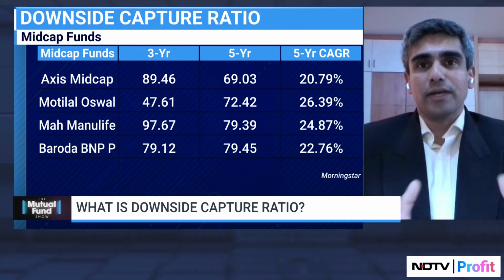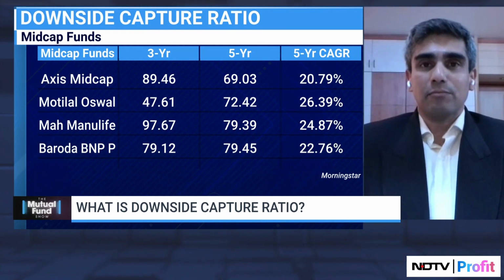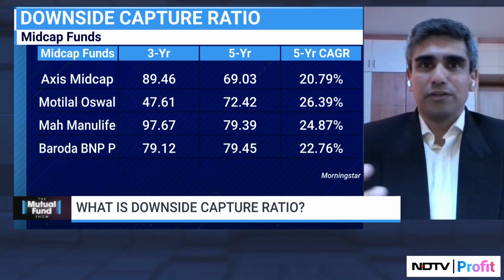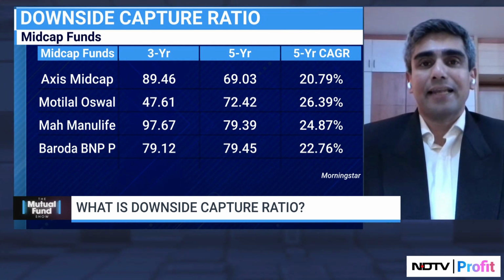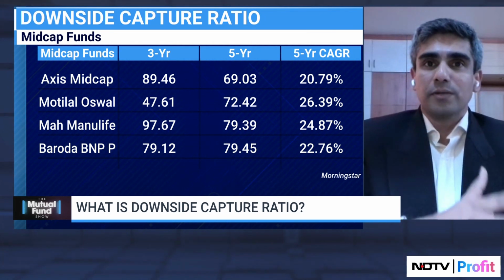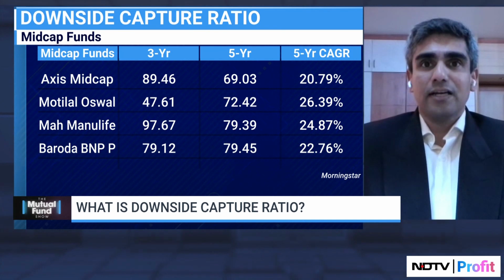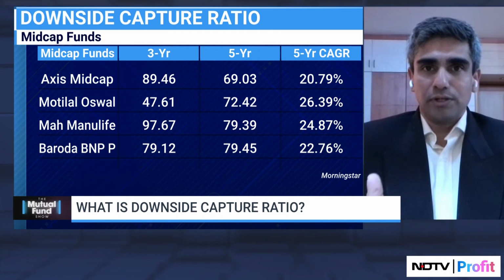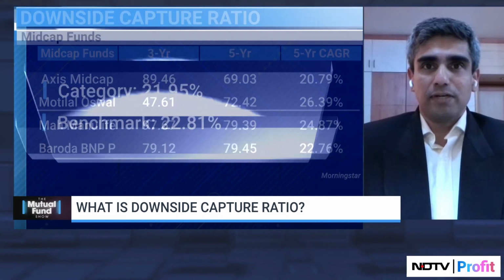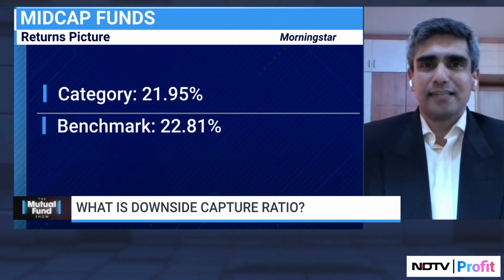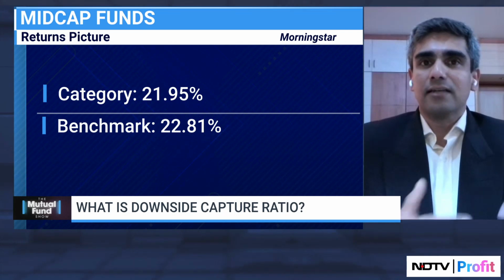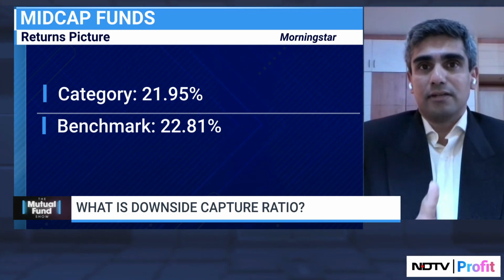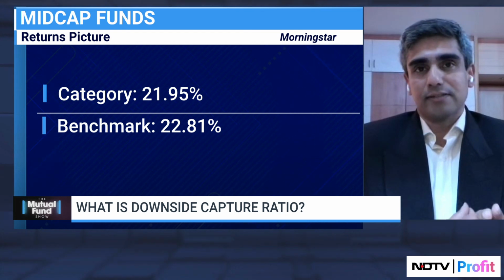So essentially what it's looking at is different time periods. You could do it over 1 year, 3 years, 5 years, 10 years. You calculate which were the months where the index itself gave a negative return. Let's assume we're looking at a 10-year period of 120 months, and for simplicity's sake say there are about 30 months that the index itself is negative, say the mid-cap index in this case.